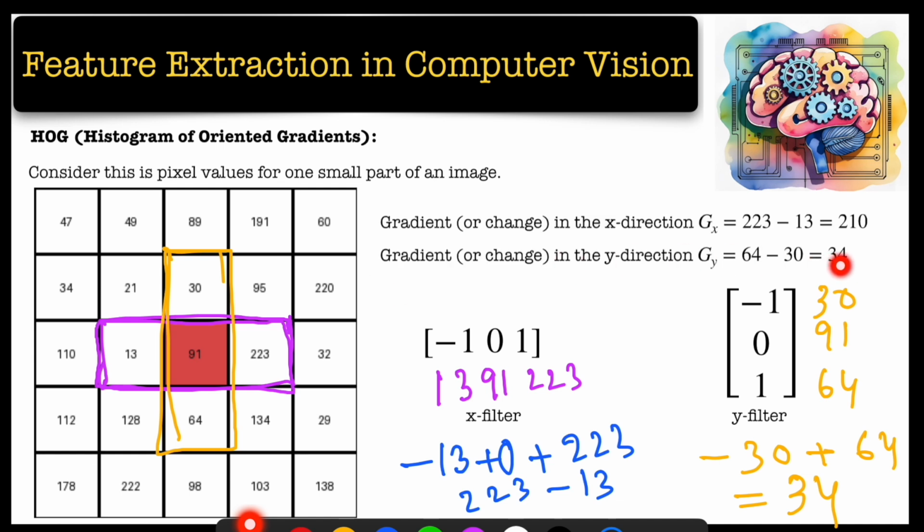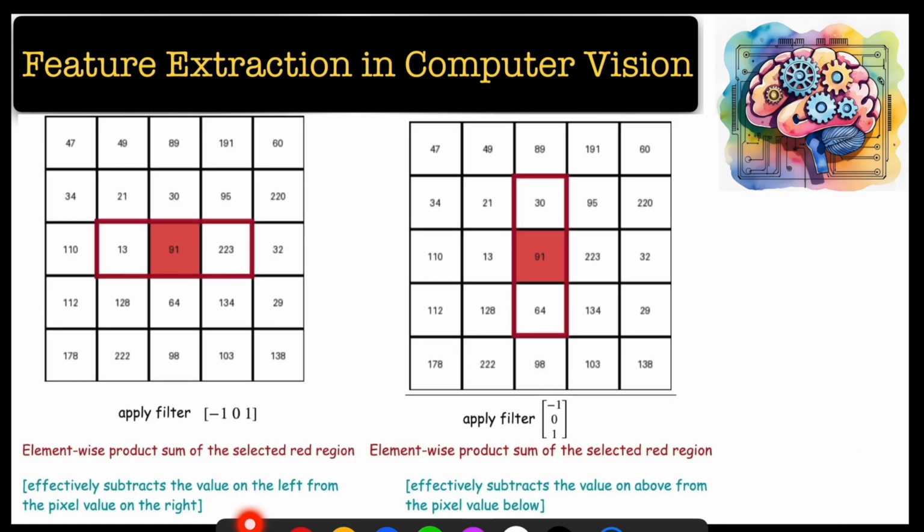So yeah, we saw this earlier. The same thing we are calculating by applying this filter. Here I have shown the same thing. These are the overlapped pixels. We apply this filter and take the element wise product sum of this red region. It effectively subtracts the value on the left from the pixel value on the right.